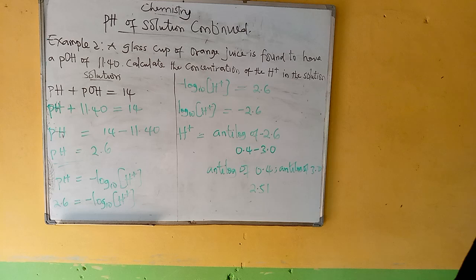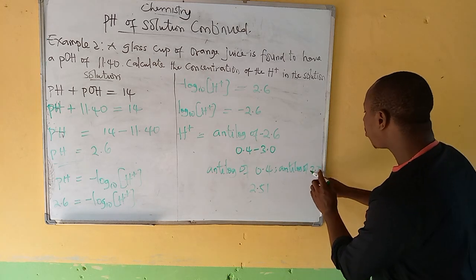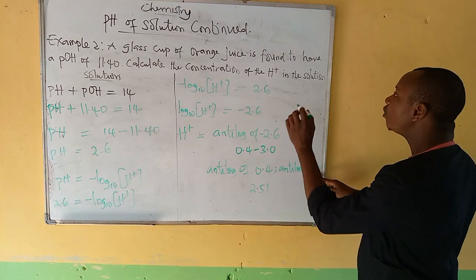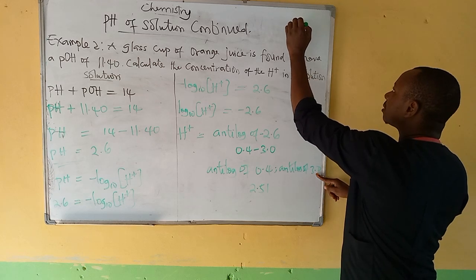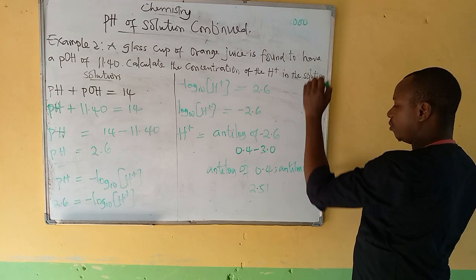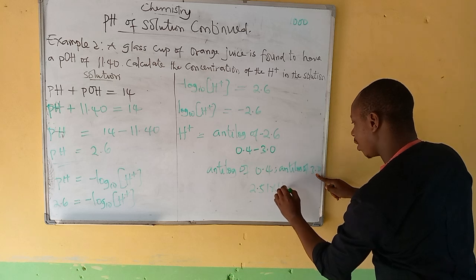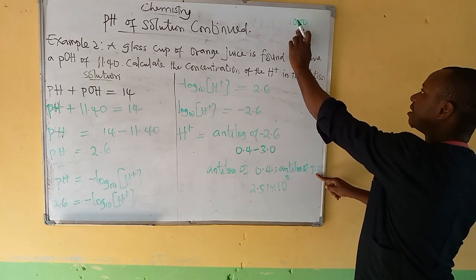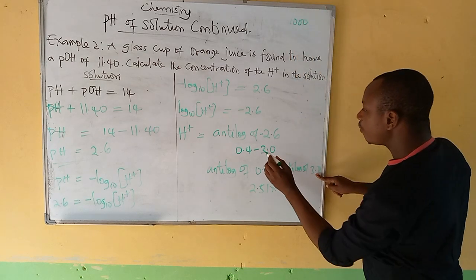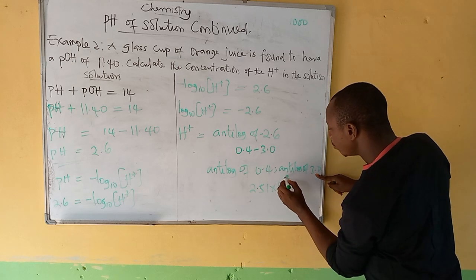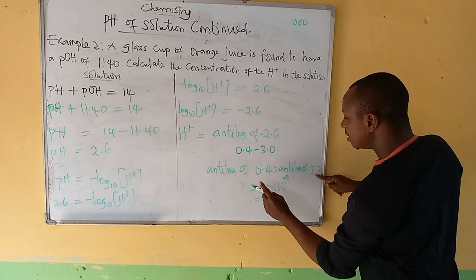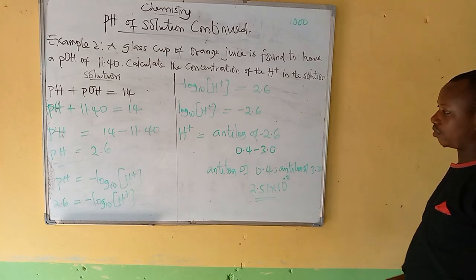And the anti-log of 3 will give us 1,000, which is the same thing as 10 raised to power 3. But don't forget that it has minus here. So you put minus here. This is the answer to what they are asking us.